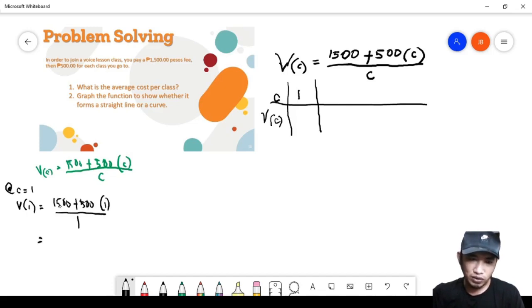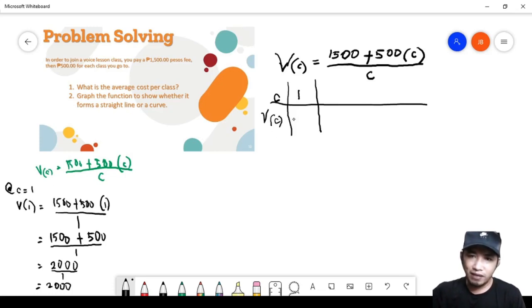Let's compute: 500 times 1 is 500, 1,500 plus 500 is 2,000 all over 1, and that is 2,000. At C equal to 1, you pay 2,000 pesos.